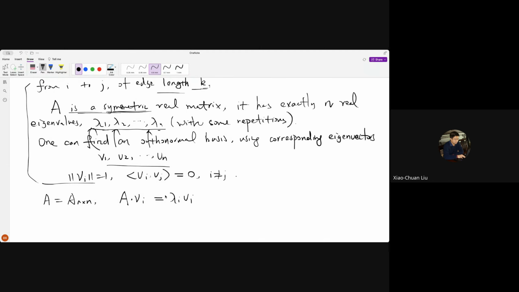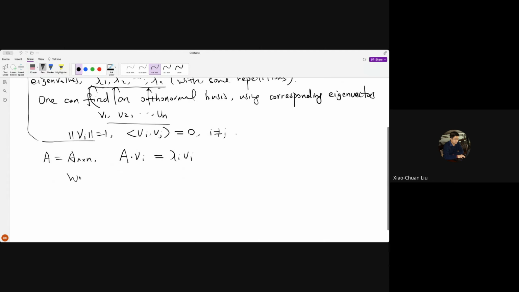Then we will write V, which is a matrix actually. V is a matrix obtained by writing down these eigenvectors as columns, up to Vn.